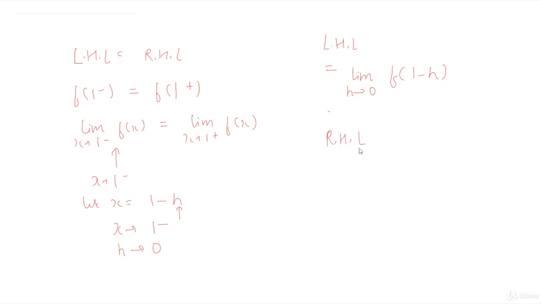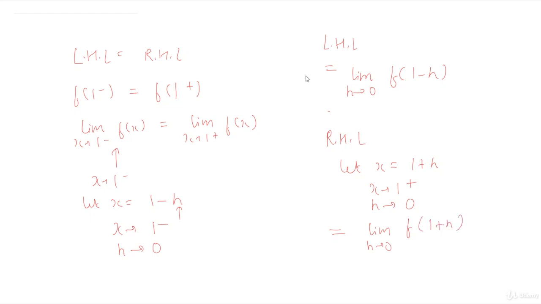Similarly, for the right hand limit, let us say we have x equal to 1 plus h, where again h is a very small quantity. Since x is approaching 1 positive, this h will approach 0. We can write this right hand limit as the limit as h approaches 0 of f of 1 plus h.